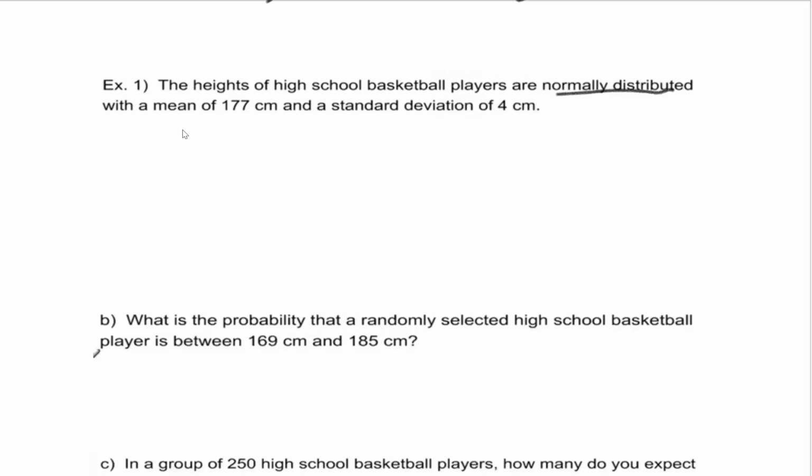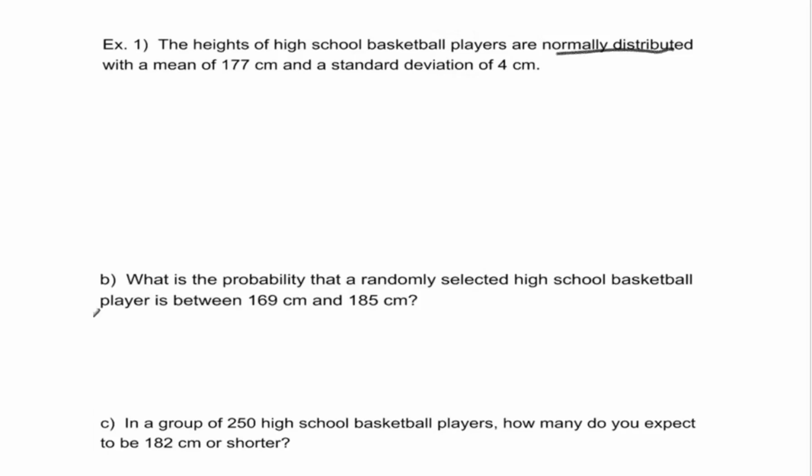Let's do a non-standard normal. Next problem. The heights of high school basketball players are normally distributed with a mean of 177, so that's my mean, and a standard deviation of 4.